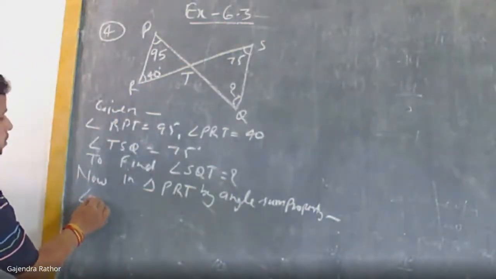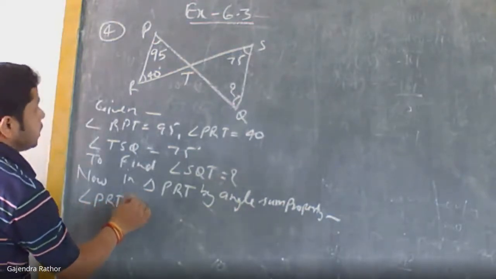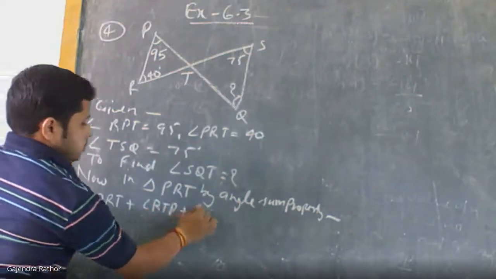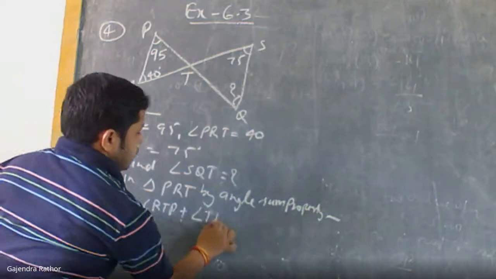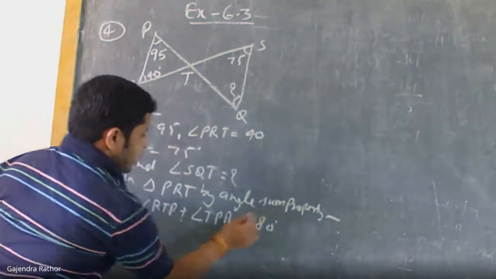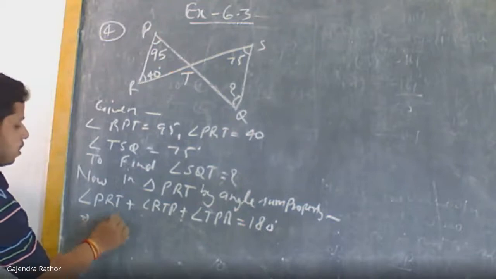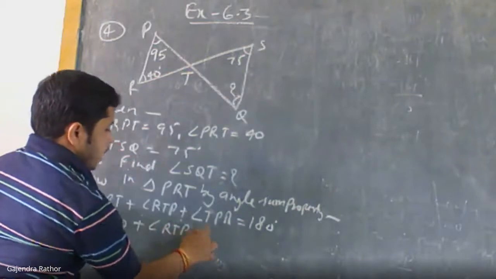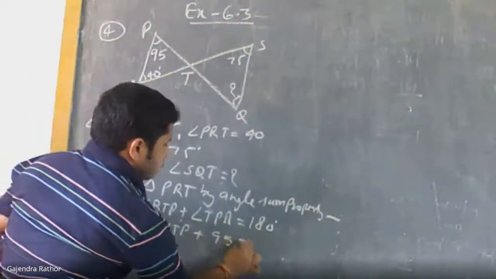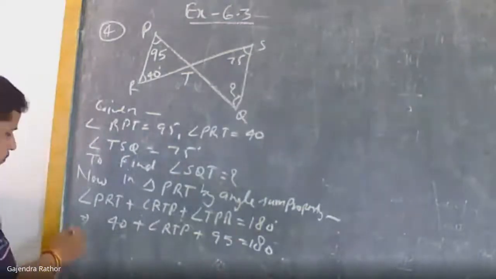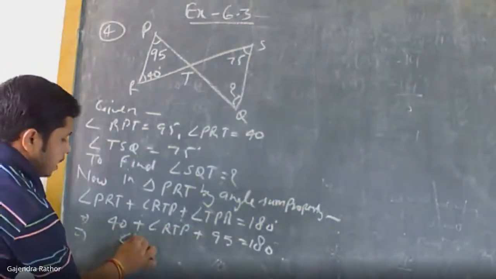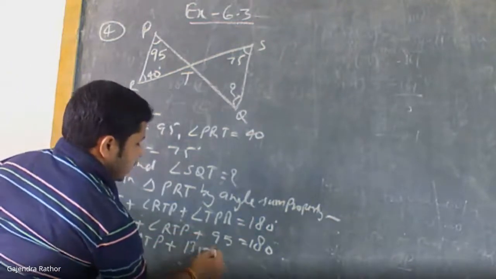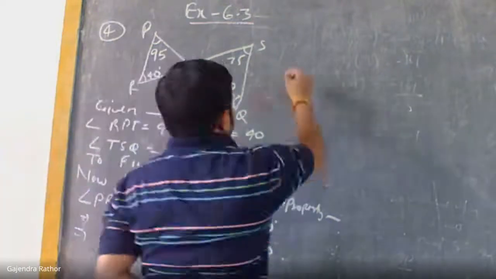One is PRT, second is RTP, the third is TPR, equal to 180 degrees. So PRT is 40, RTP not given, and TPR is 95, equal to 180. Add these two values: angle RTP plus 40 plus 95, 135 is equal to 180.